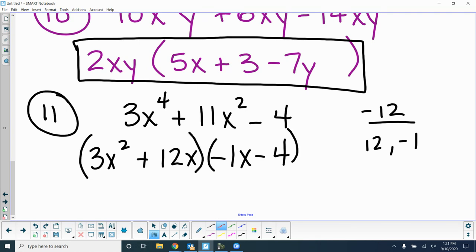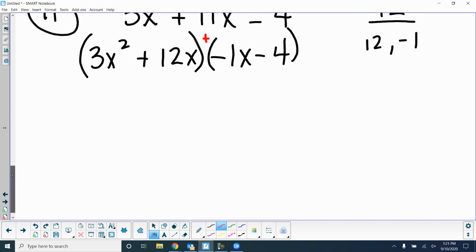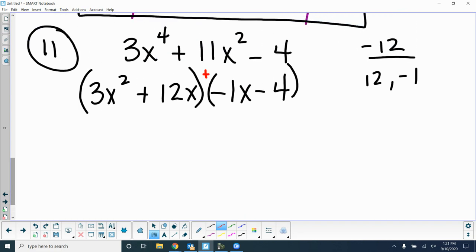Okay. So what comes out of my first group? The GCF of the first group. Yes. Good. What's left?